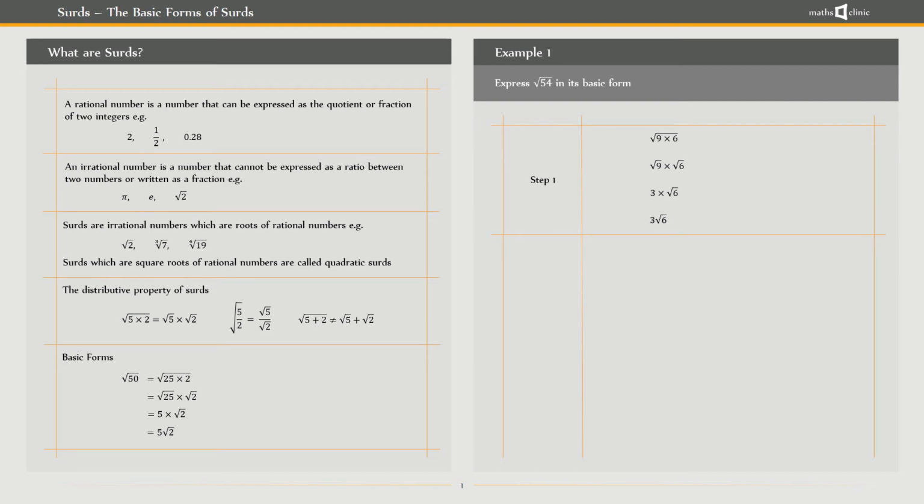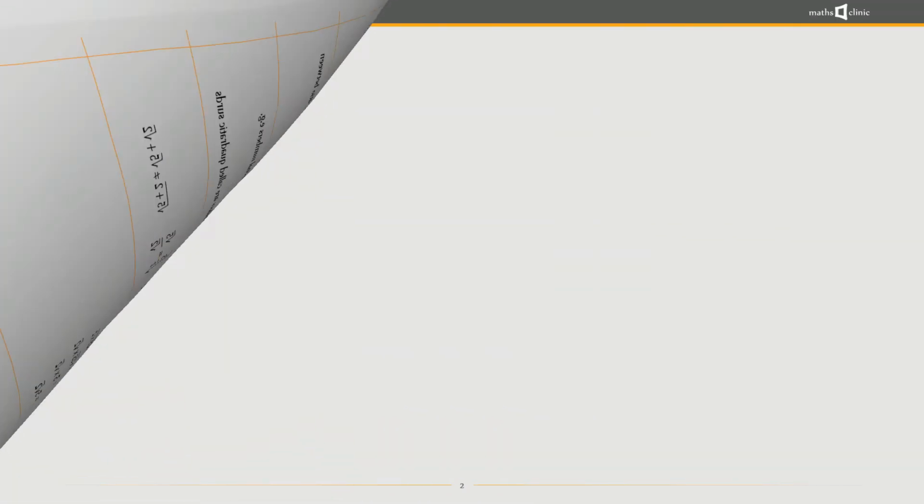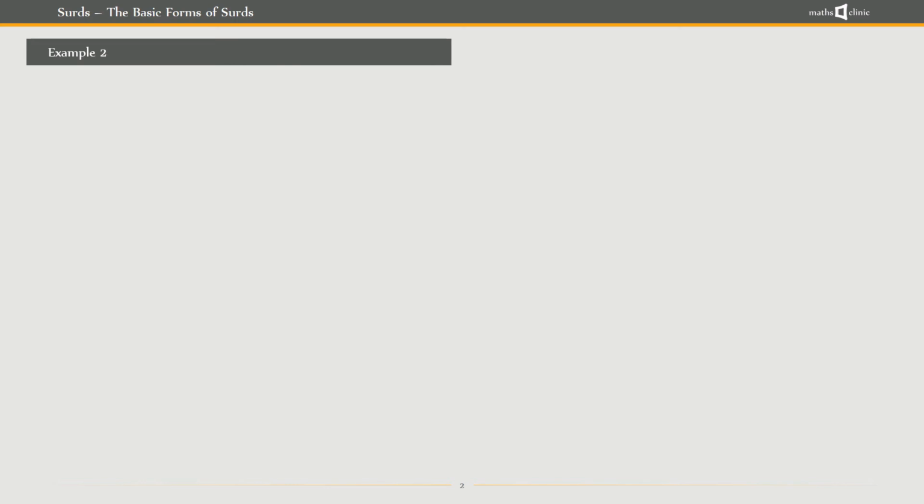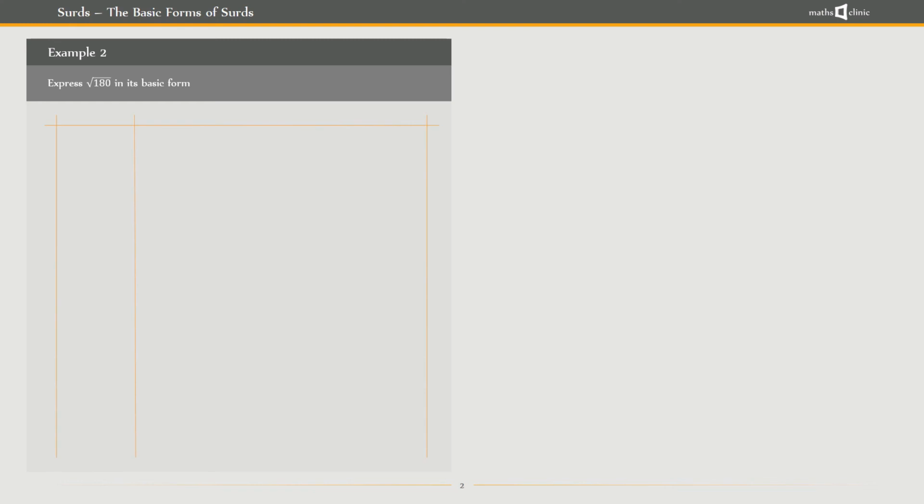Let's go for another example. So example 2 says express root 180 in its basic form. Okay? Quite simply, 180. Now, there's a perfect square there. Okay?